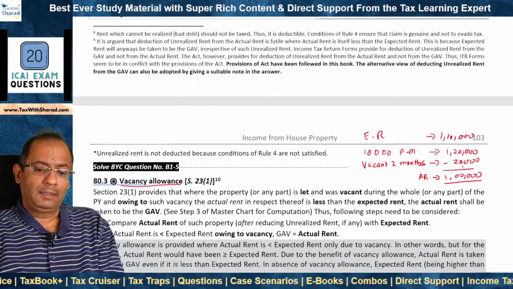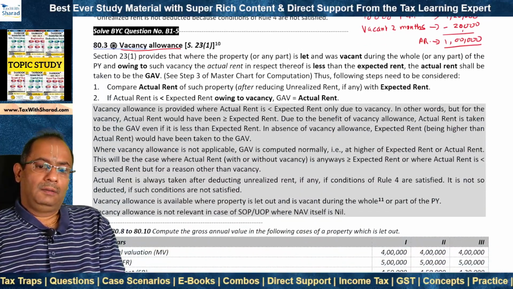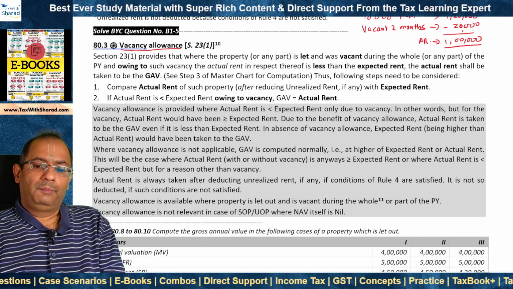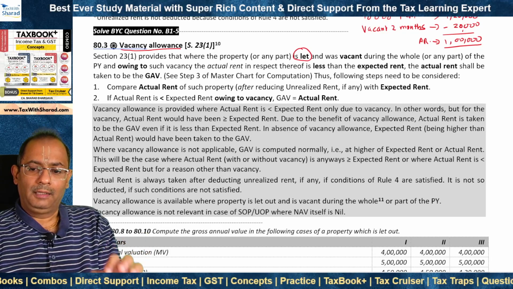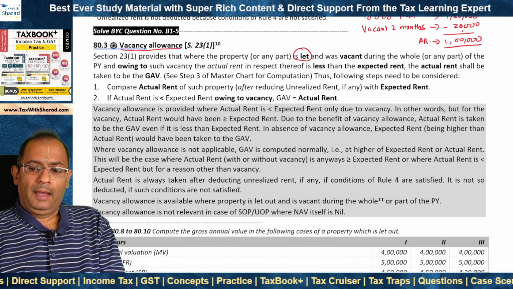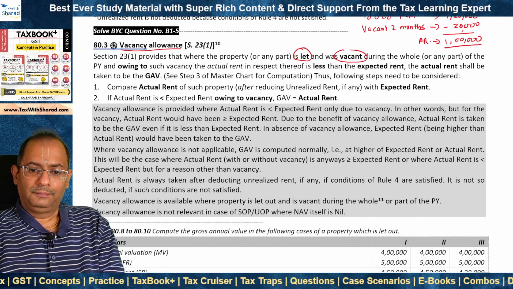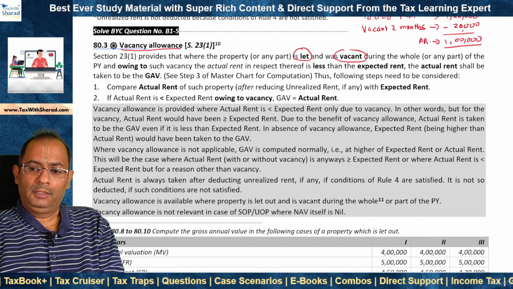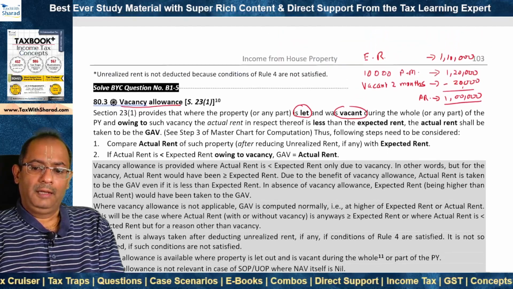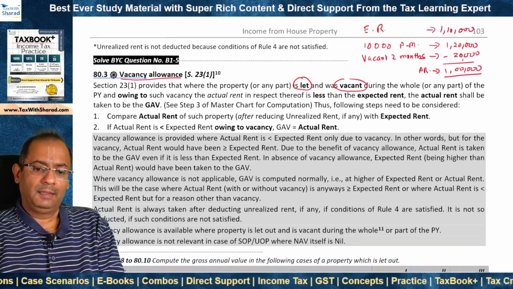Now let's look at this concept briefly. So where the property or any part of the property is let out and it was vacant during the whole or any part of the previous year, right? So the property is let out for say the whole of the previous year and it was say vacant for a period of 2 months. That means a part of the previous year.